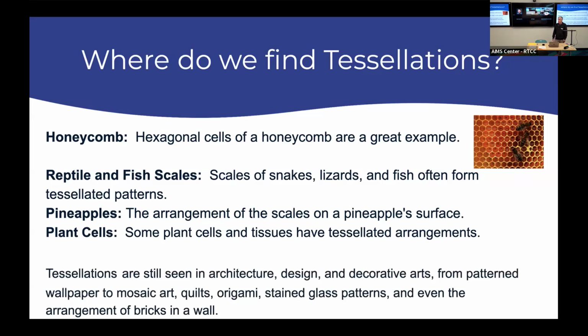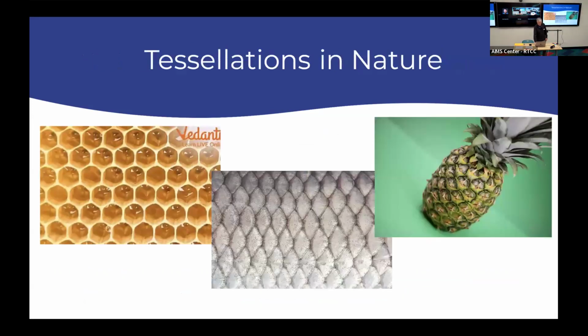And in human architecture, we see tessellations in a lot of different places: designs, decorations, art, wallpaper, mosaics, quilts, origami, stained glass patterns, even arrangements of bricks on a wall we can consider as being a form of tessellation. So here are some examples of the honeycomb, the fish scales, and pineapple. All natural forms of tessellations.